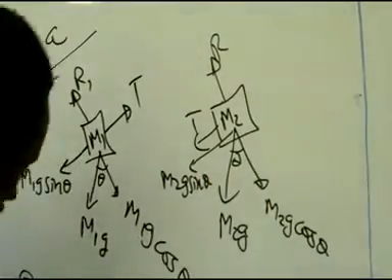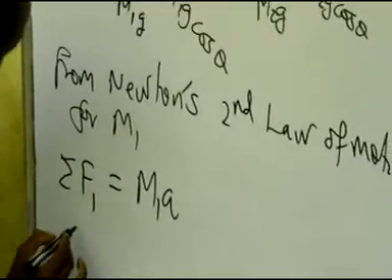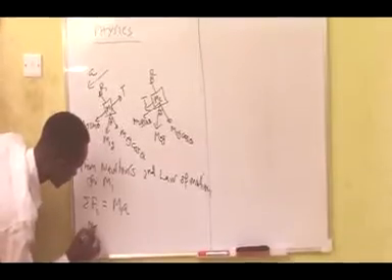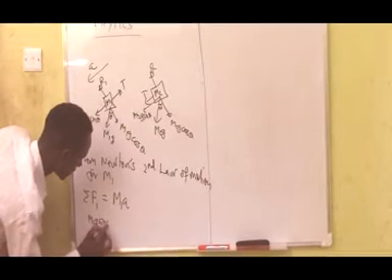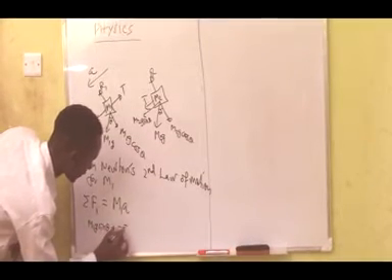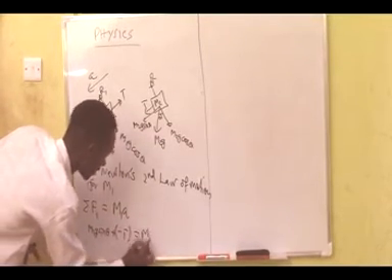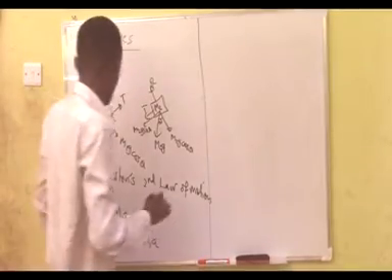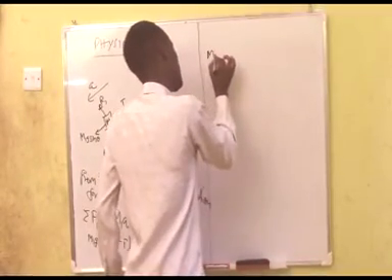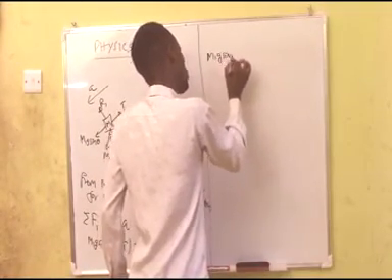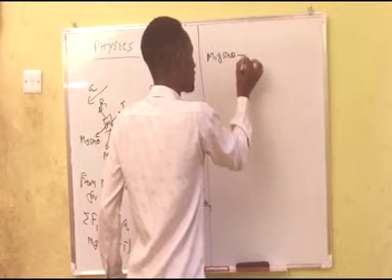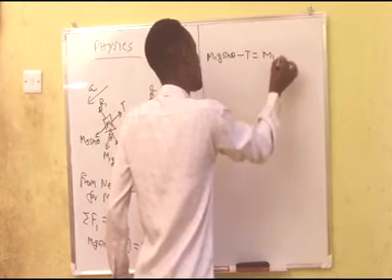So this becomes m1g sine theta plus the negative of tension is equal to m1 times acceleration A. This equation becomes m1g sine of theta minus T equals m1 times A. Call this equation 1.